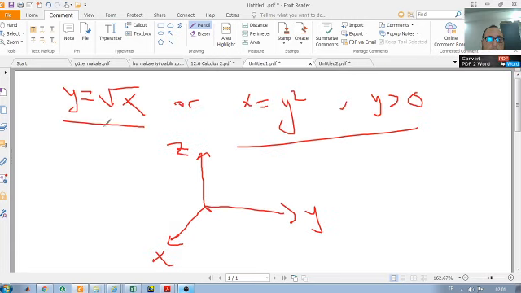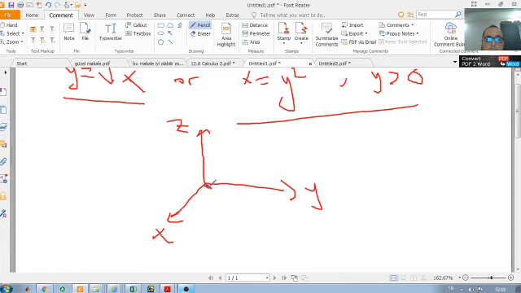Z is not in the equation, therefore the line of the cylinder will be the z-axis. Mainly we will move the graph of the plane curve like this. This is the graph of y is equal to square root of x, or x is equal to y squared with the positive side of the y-axis.